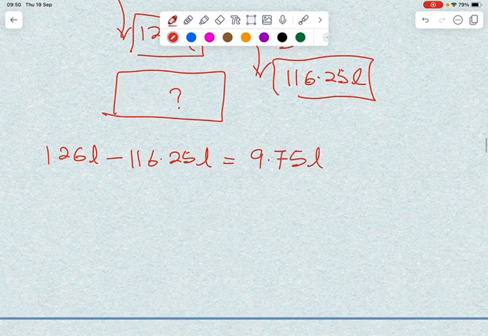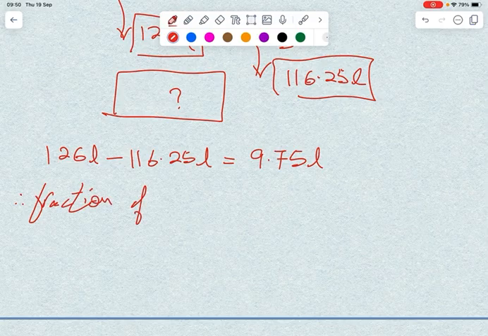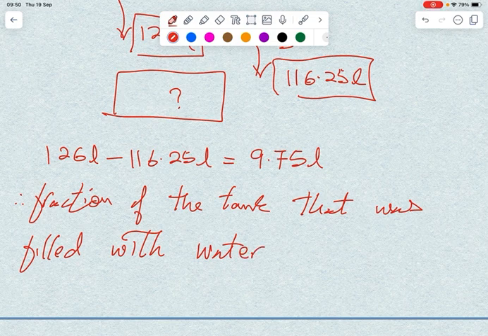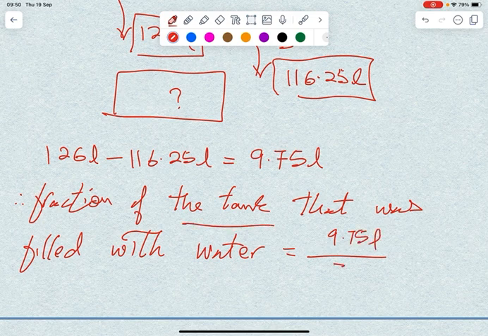Now, but they want it in fraction. Therefore, the fraction of the tank that was filled with water after 30 minutes, at 2:30 p.m., will be 9.75 liters divided by the total volume of the tank, which is 33 liters.